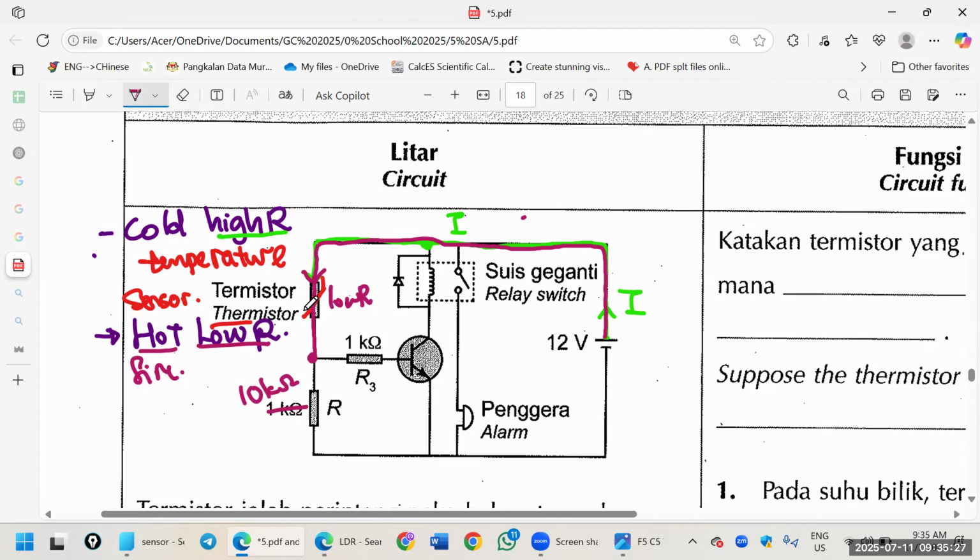Go where? Now there is 1k and 10k. The current will choose to go which way? 1k or 10k ohm?